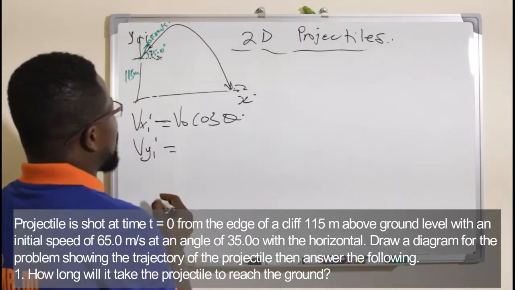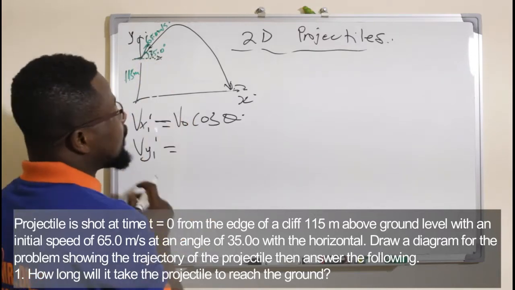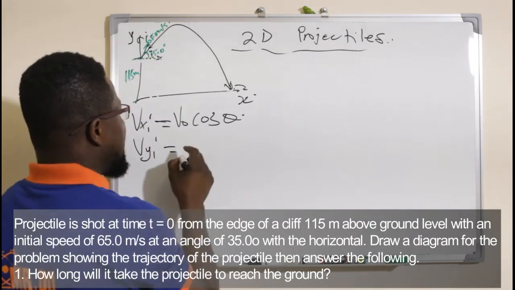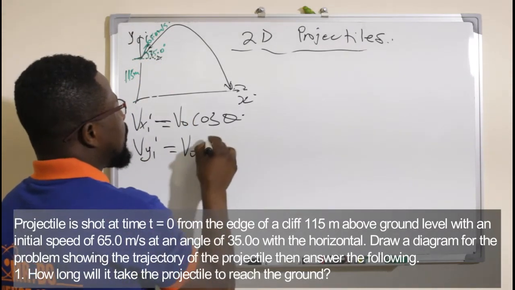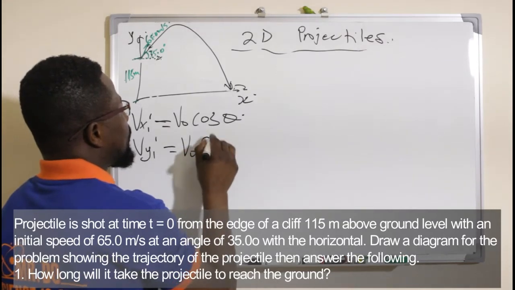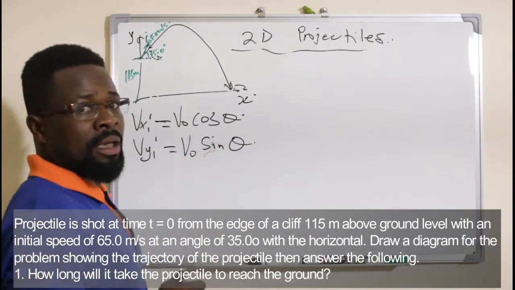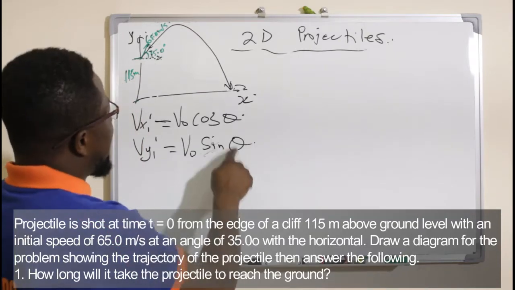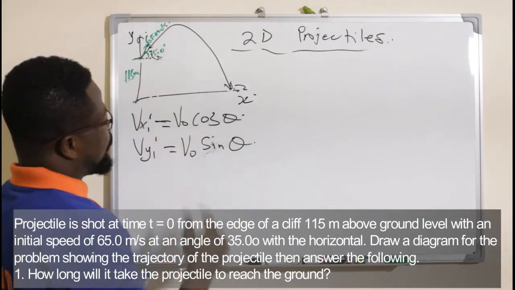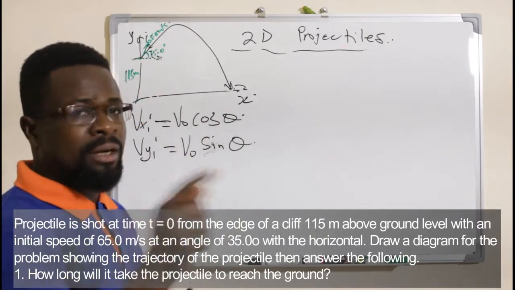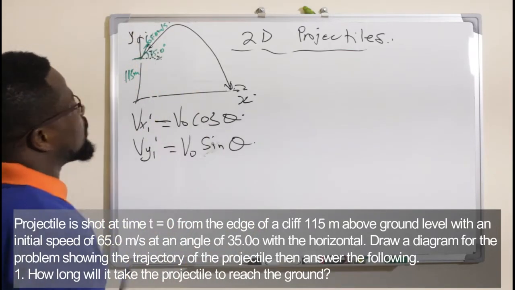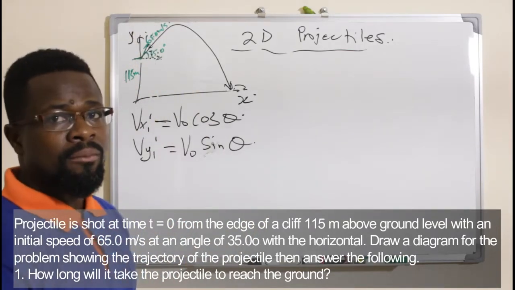Here is the opposite, so we make use of the sine, and that's going to be v naught sine theta. And what is our theta? Theta is 35.0 degrees. And our v naught is 65.0 meters per second.